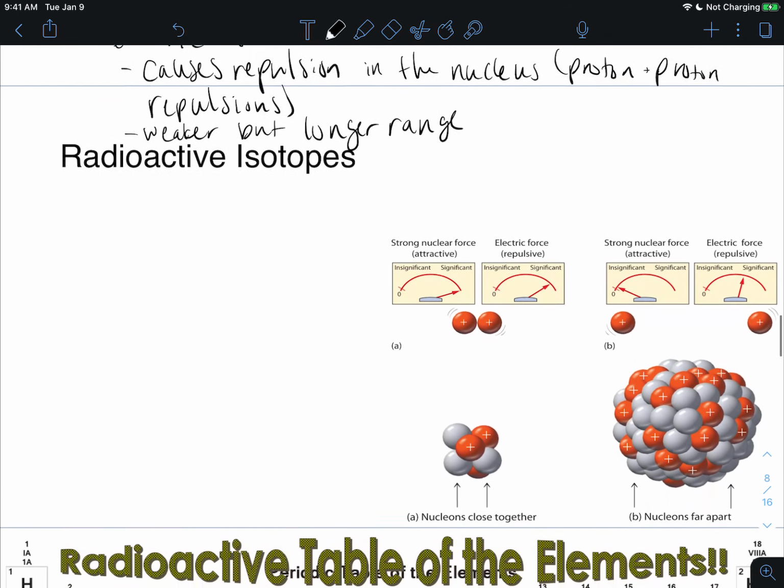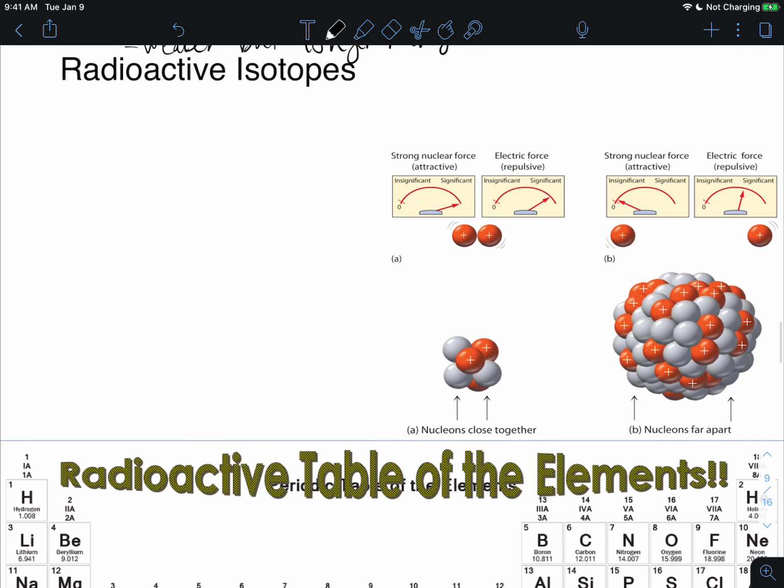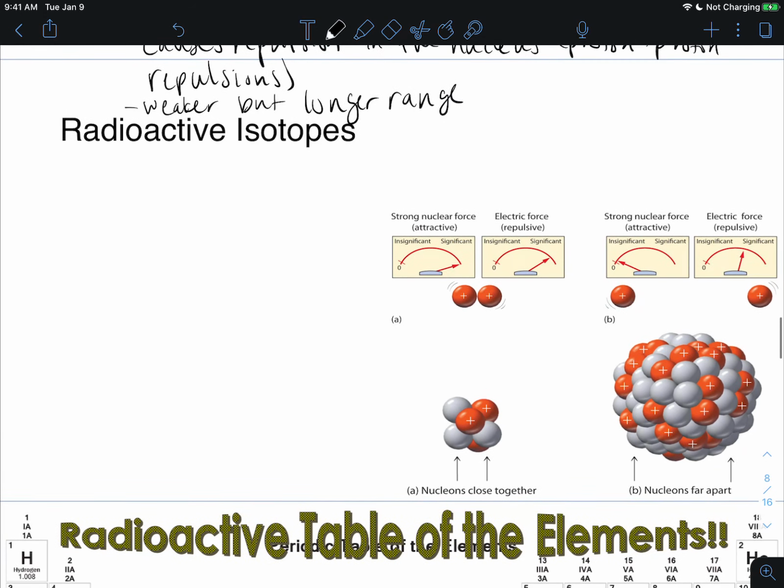And what happens as we are at smaller nuclei, no big deal. Our strong attractive force is so significant that it can outweigh the repulsive electric force that the protons are feeling. However, when you start to get larger and larger, the strong nuclear force is outweighed by the repulsive electric force, because now our nucleons are further and further apart.